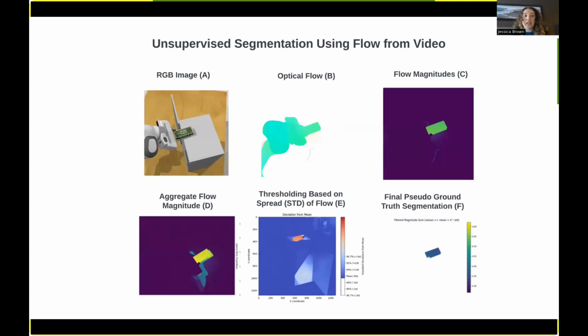Here's how we create the unsupervised segmentations. First, we gather the frames from video demonstrations. After that, we perform what we call keyframe discovery, where keyframes are whenever the robot's gripper opens or closes, so whenever the gripper state changes, or whenever the robot's velocity is approaching zero.